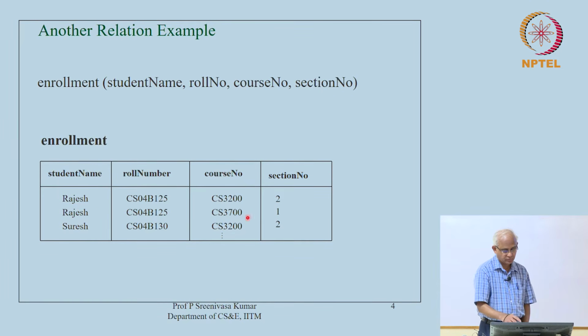The point I am trying to emphasize is that you cannot put CS3200 comma CS3700 here, because it violates our principle that the values here should be atomic. It should not be lists or arrays or anything else; it should be atomic pieces of data. Because of that, you can see that we need to replicate the rest of the values and change only this value.